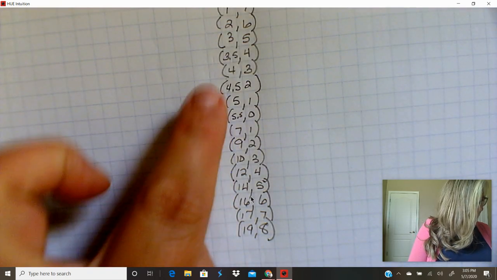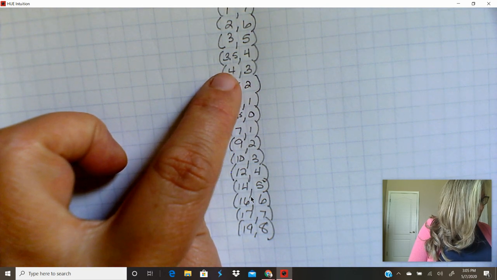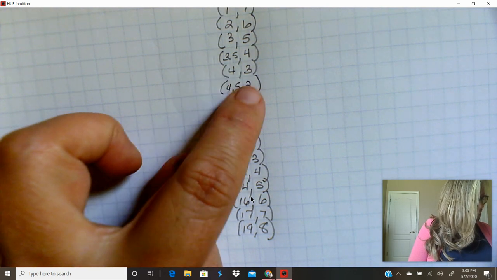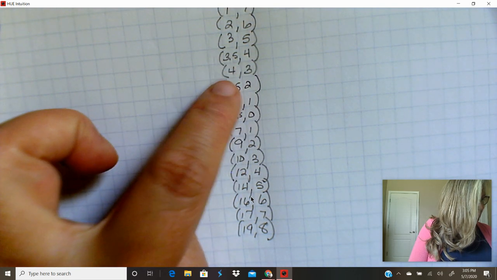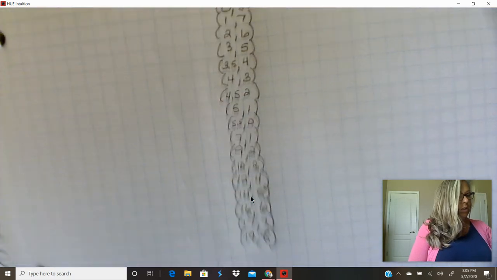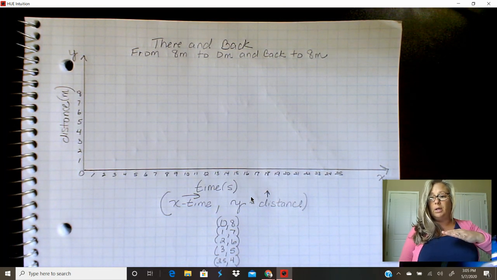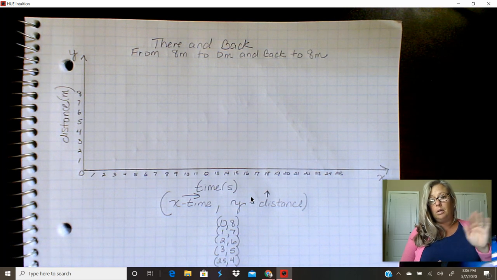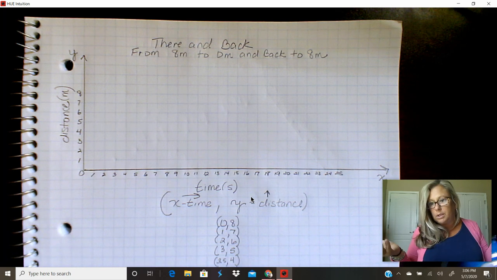Like if I look at this, I've gotten pretty good at it over time, so I can see that here Nick was only taking half a second to travel 1 meter, because it's 4.5, 5, 5.5. But it's going to be way easier to just look at the slope on the graph and see where it gets steep to know where he's speeding up, and where it gets flatter to know where he's slowing down. The graph makes it easy to just spot the trends once you understand what the trends look like.